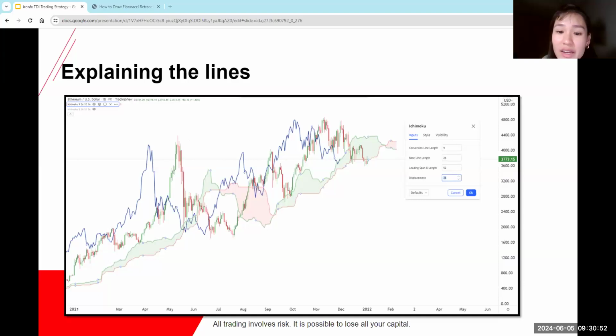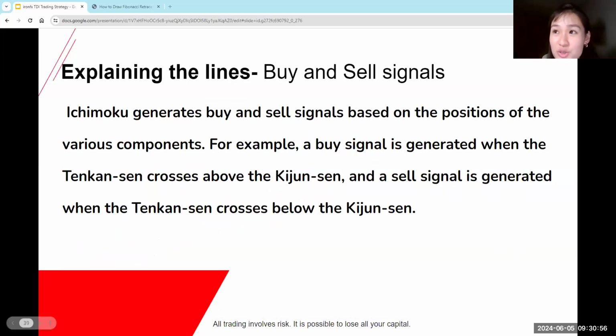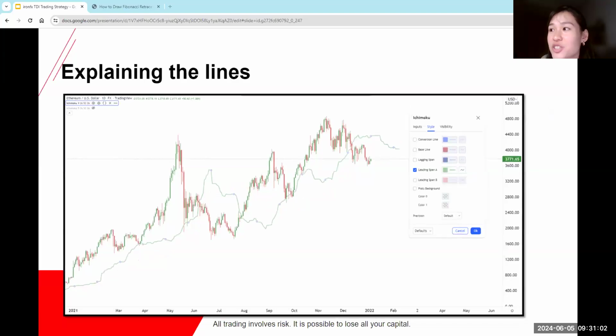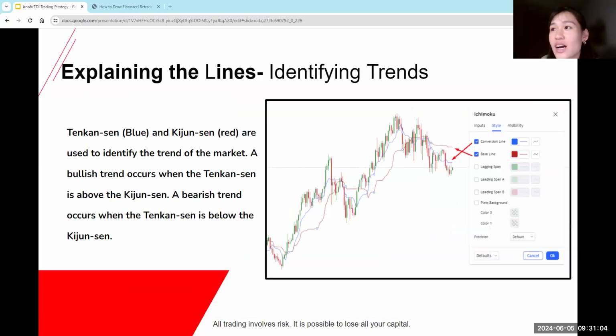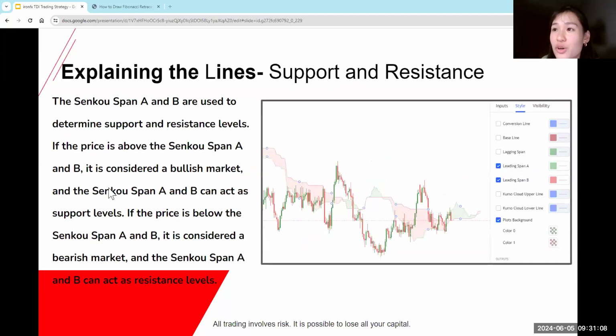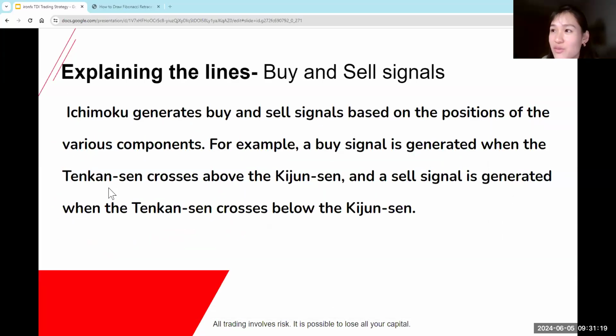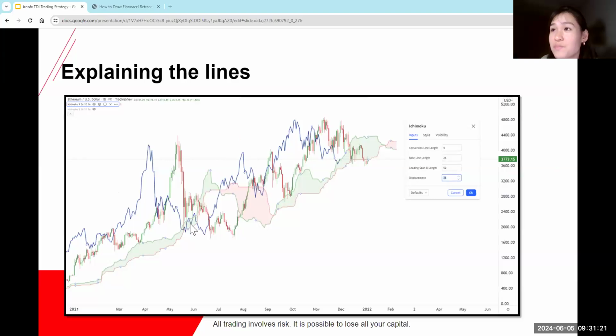Again, your Tenkan Sen and Kijun Sen, if you want to just backtrack a bit, these are your blue and red lines. Your Senkou span A and B are basically your leading indicators. Just if you're a bit confused.